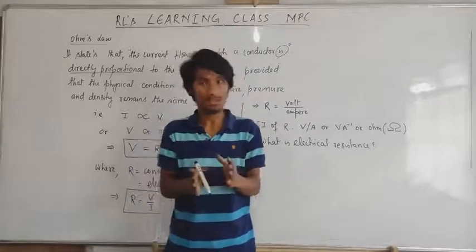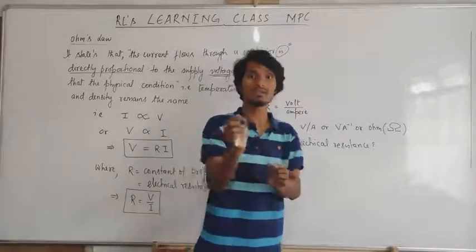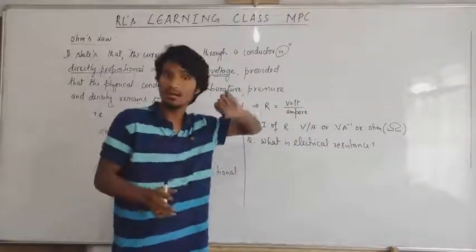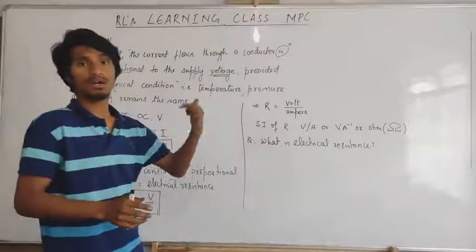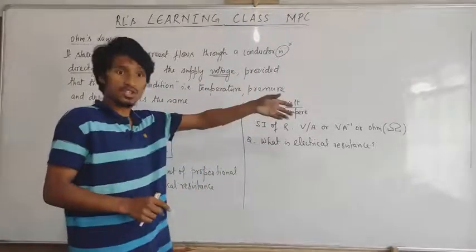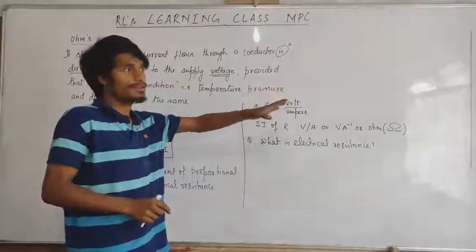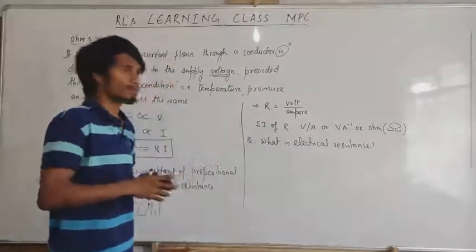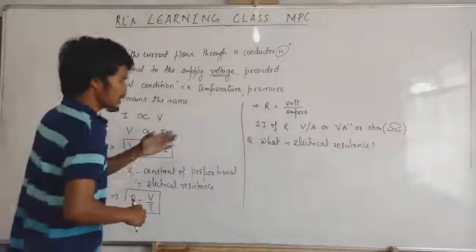Who opposes? Not you and me. The nature of the conductor, because the current flows on the conductor. Even in our body, sometimes when we by mistake touch a wire, we get shocked. Our body also has a resistance to the flow of current.